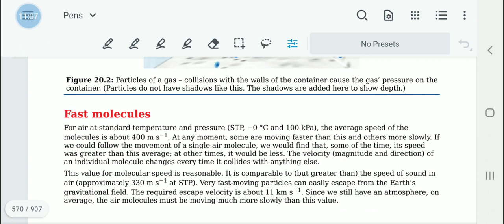Remember, this haphazard and jerky motion is due to the collisions.